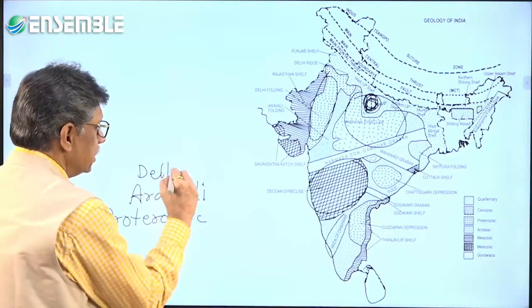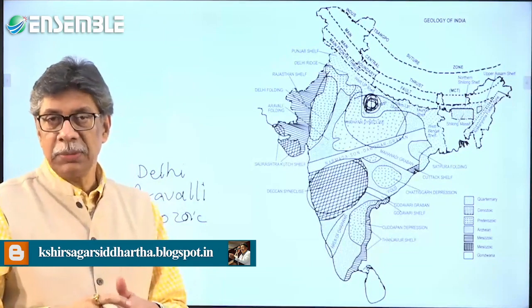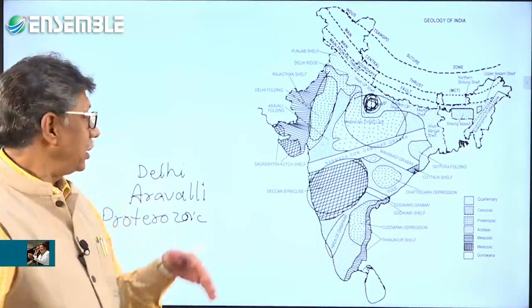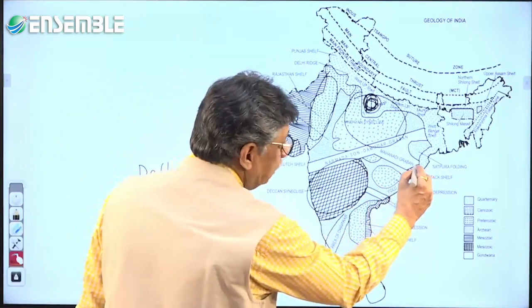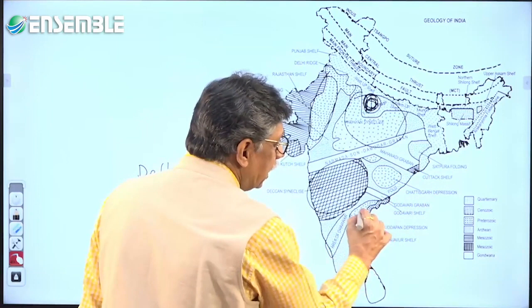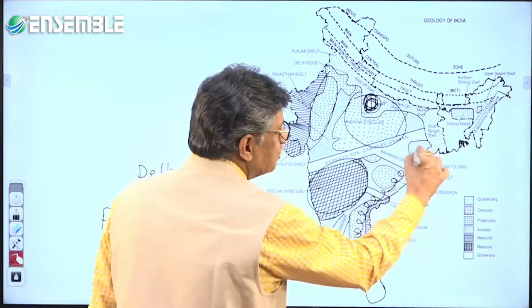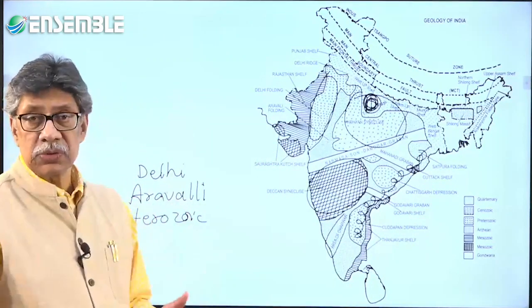That is Delhi ranges. Now Delhi ranges are a part of the Aravali, but they are different from that. And it was at this point of time that Eastern Ghats were also reformed. That means in some cases they were extending, they may have been evolving, and they started getting themselves reformed as well. That was during Proterozoic.